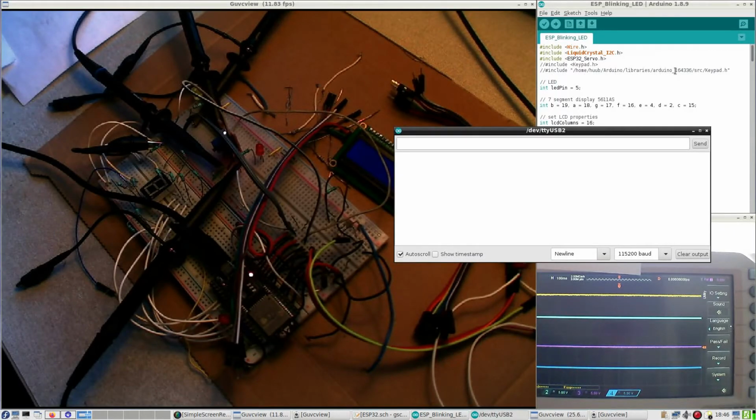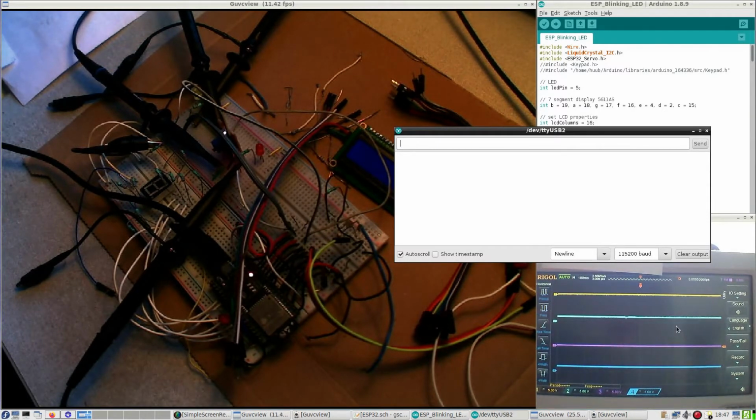Right, with everything from a little bit different perspective. Arduino code, well, the code in the Arduino environment. Oscilloscope, and of course the board with everything, and the terminal.